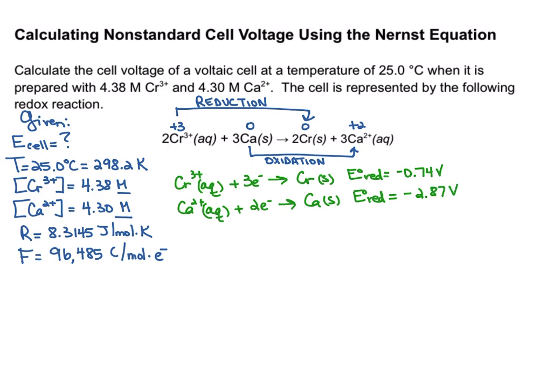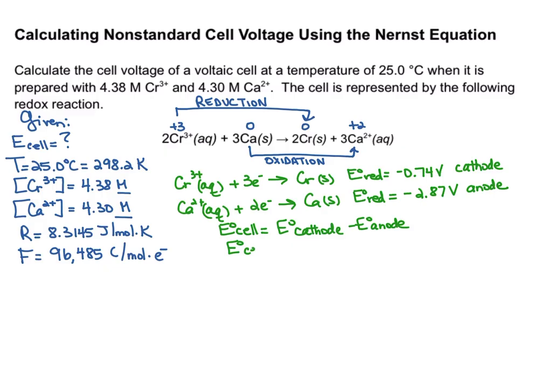Now we're going to look at our balanced equation, and we see that chromium underwent the reduction process. So we're going to label the chromium half reaction as the cathode, and calcium that went through the oxidation process as the anode. We can go ahead and calculate the standard cell potential, and that's going to equal the cathode minus the anode.